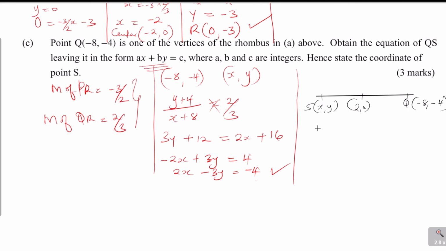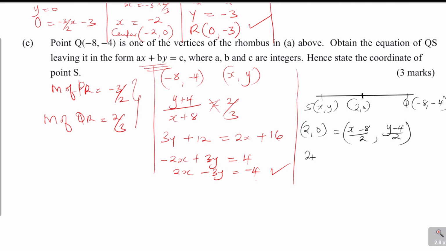So you know how to get the midpoint. We have written that formula in the other part there. To get the center, how do we do it? We get x1 plus x2, so x plus -8, then we divide by 2. Then y plus -4, divided by 2, like that.